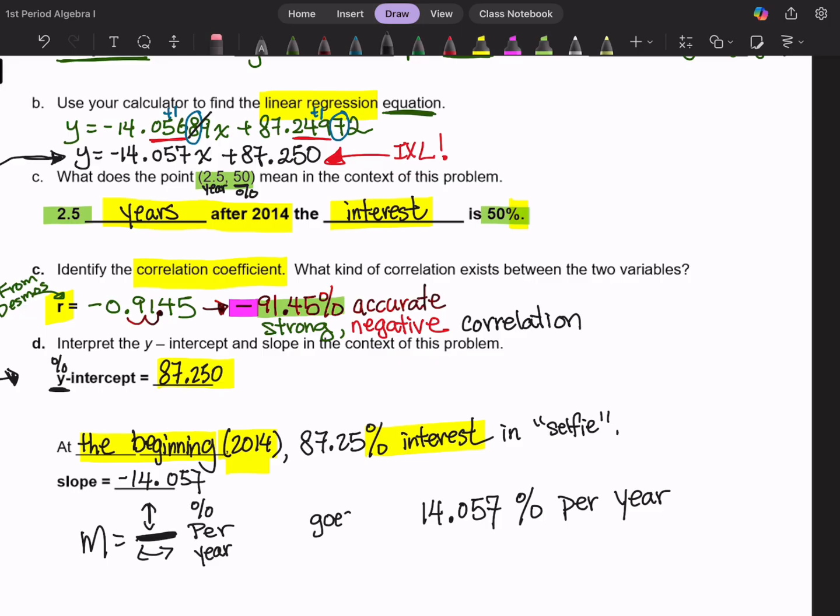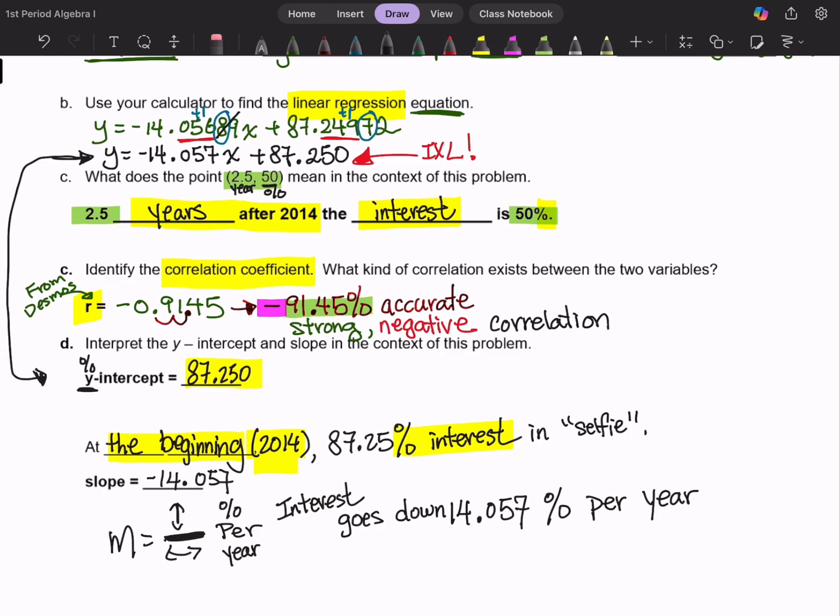That's the negative part of it. Well, what goes down? What are you talking about? You're talking about the interest. So put that word right in front. The interest goes down 14.057% per year.